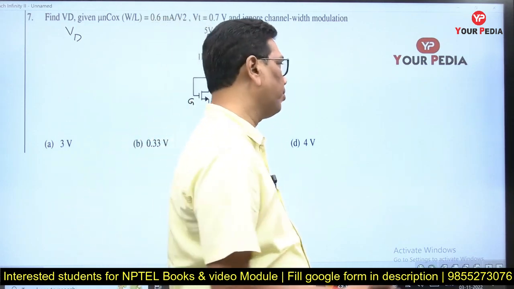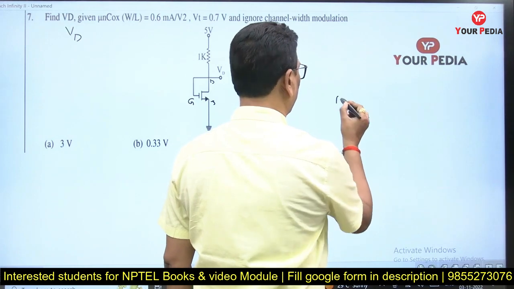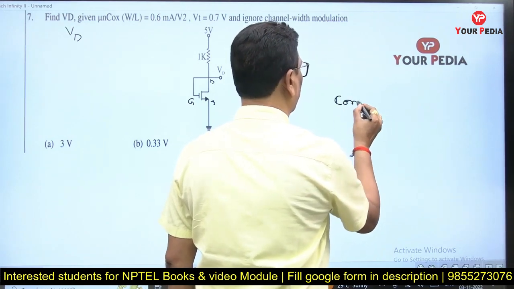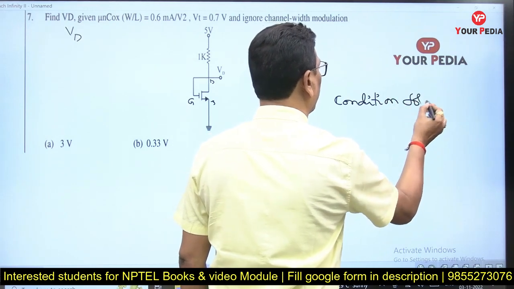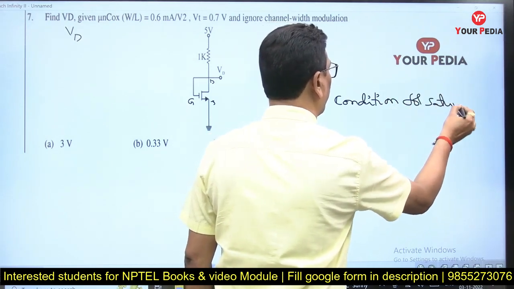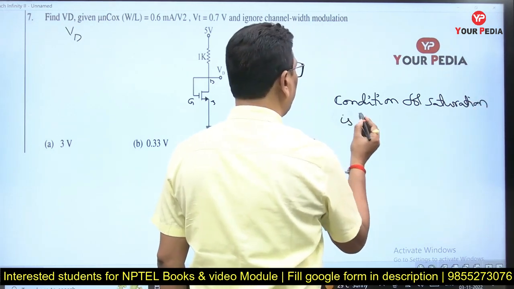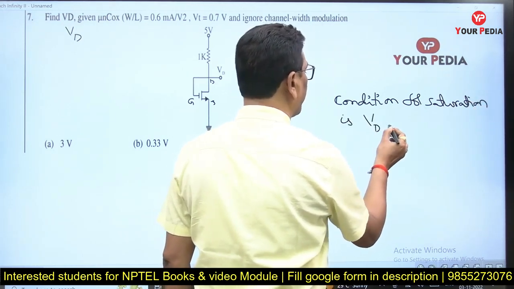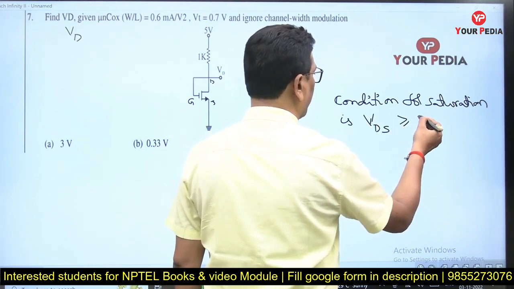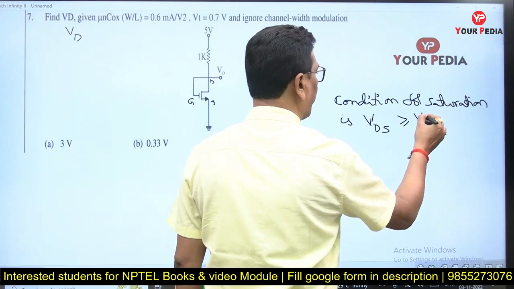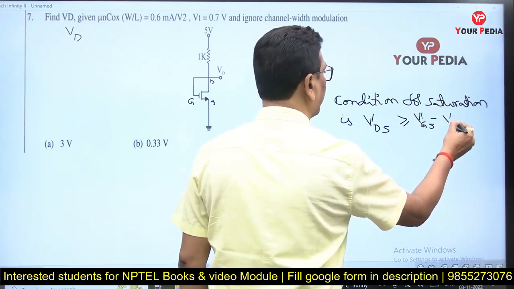And you know the condition for saturation. What is the condition for saturation? VDS, the drain voltage, should be greater than or equal to VGS minus VT.